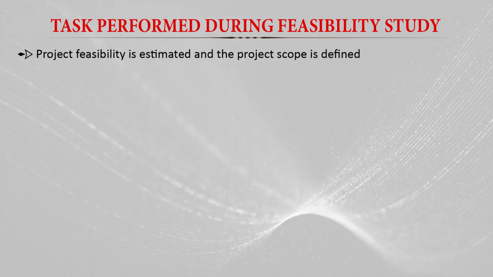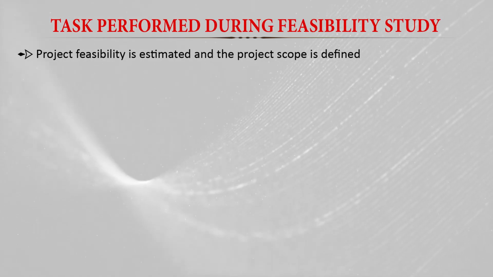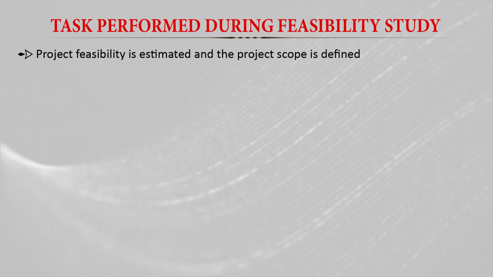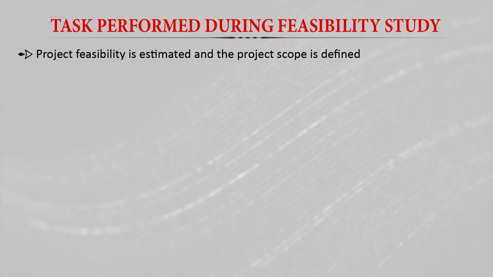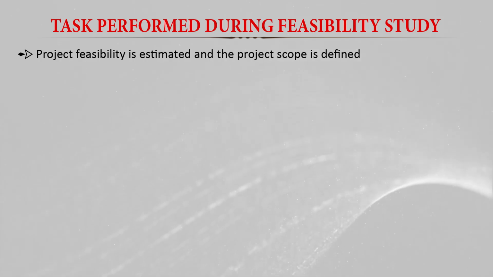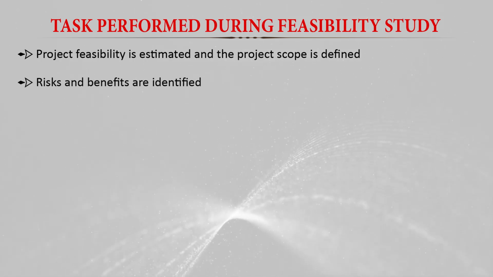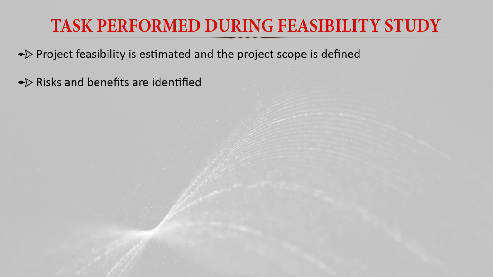And we perform different tasks during the feasibility studies. In the feasibility studies, we estimate or define the project scope: in which areas, what type of target groups, and how many persons. All this project scope we define in the feasibility studies. And we also identify the risks and benefits from the project activities.